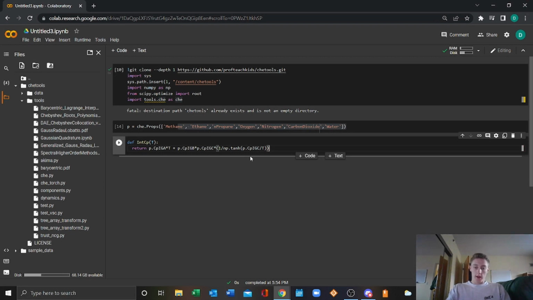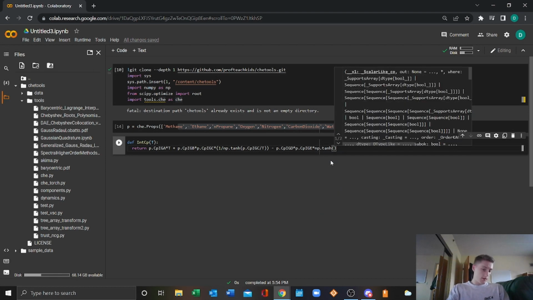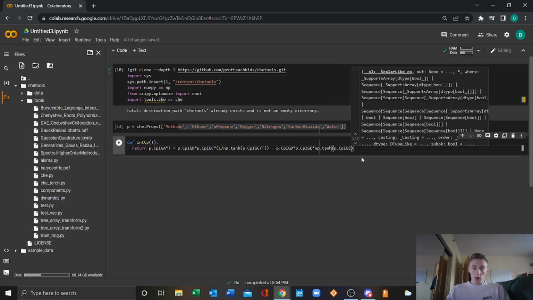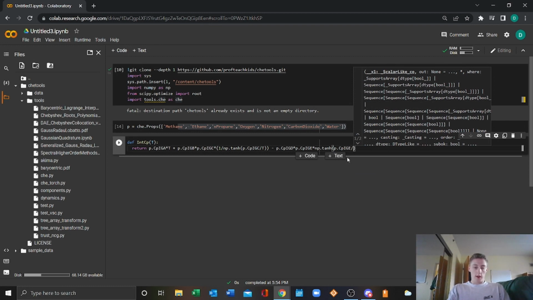So we'll subtract d. I do that every time. p dot d times then e and tangent, hyperbolic tangent h of then p dot e divided by t.